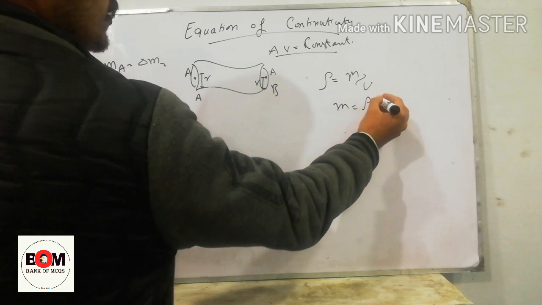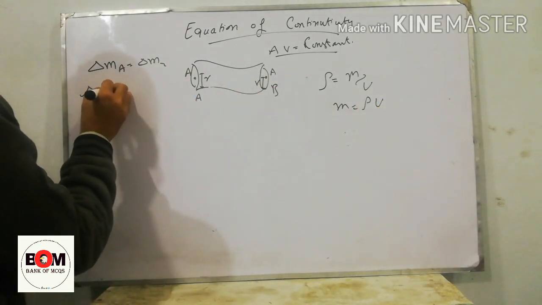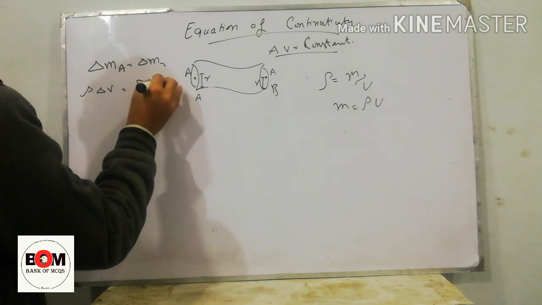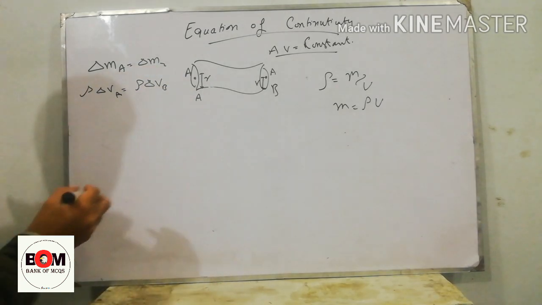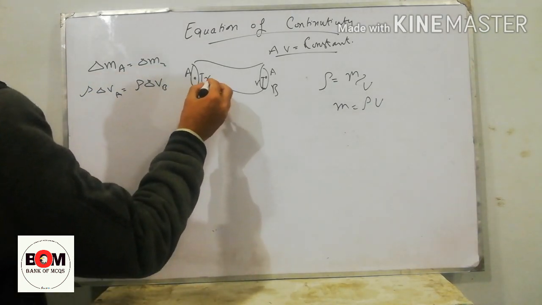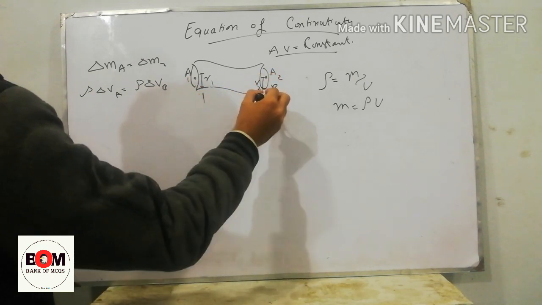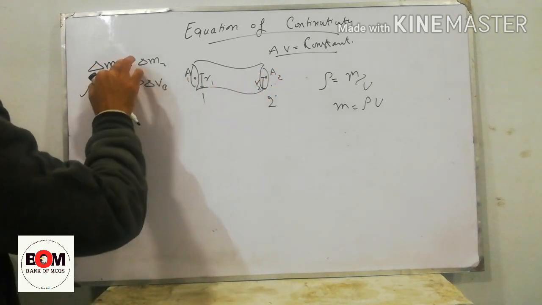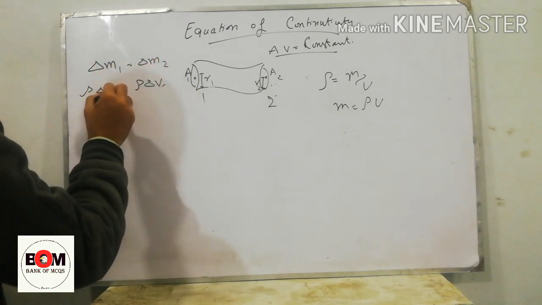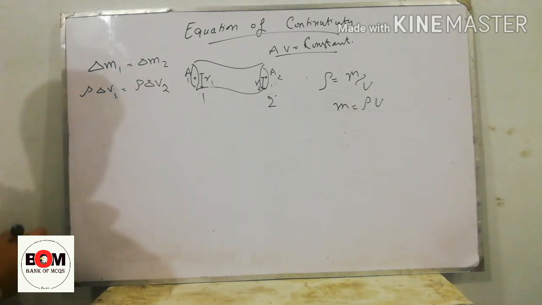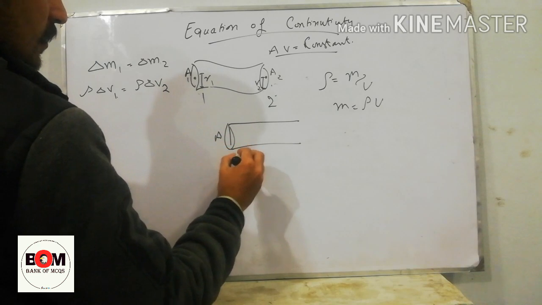We also know that density is equal to mass per unit volume. So we get M is equal to ρV, so ΔM is equal to ρΔV, for points 1 and 2, with radii R1 and R2 and areas A1 and A2. From the pipe, the volume is the area multiplied by the distance.